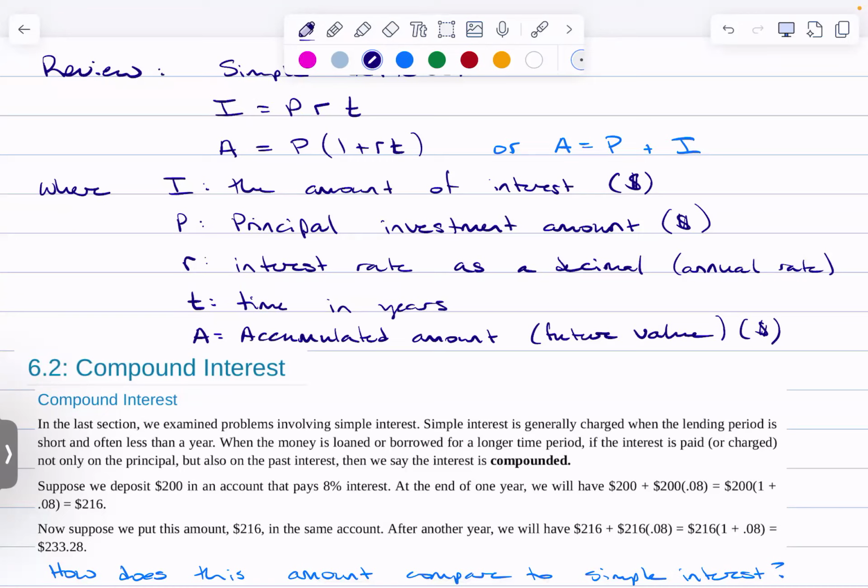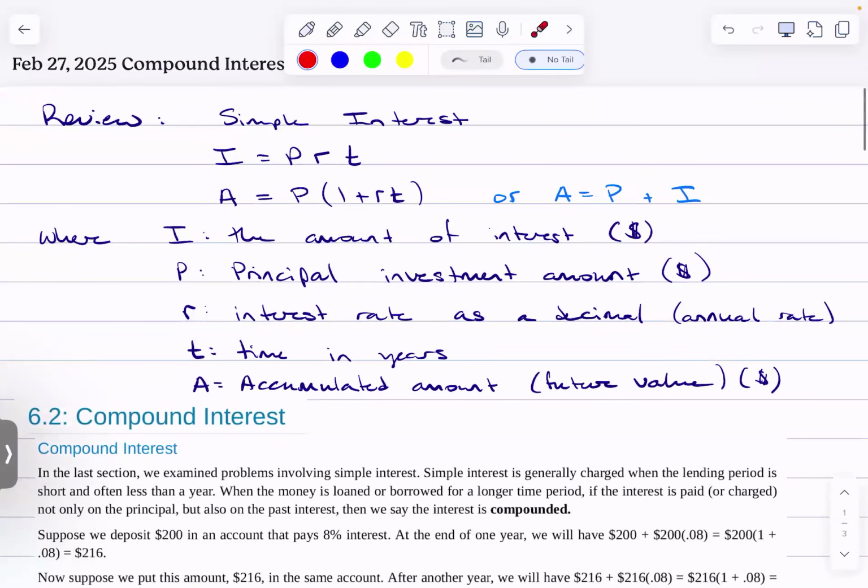So we use A for the accumulated amount. And I mentioned the future value because she becomes inconsistent, and sometimes she asks for, and she is the author, she asks for the future value sometimes, so then it's good to have that connection between, okay, it's the accumulated amount or kind of the final amount.